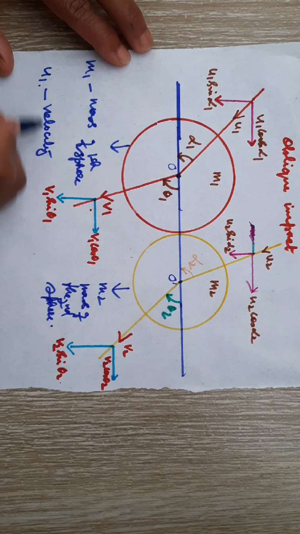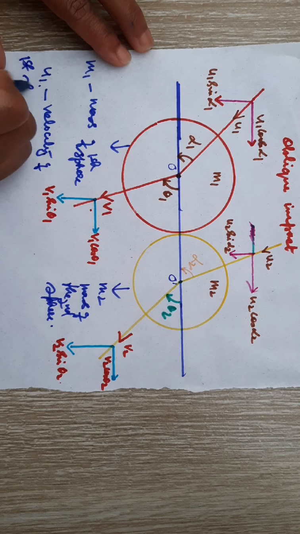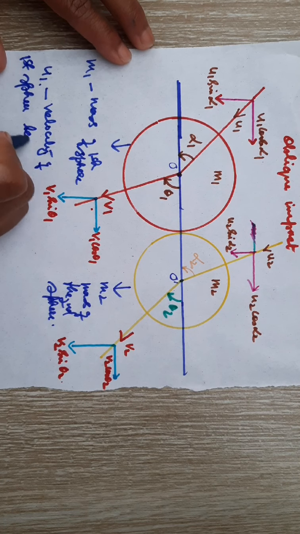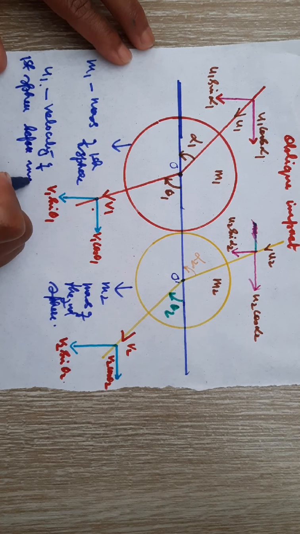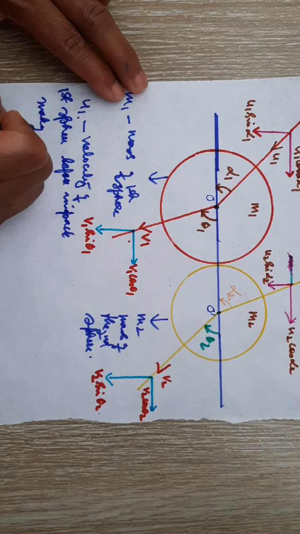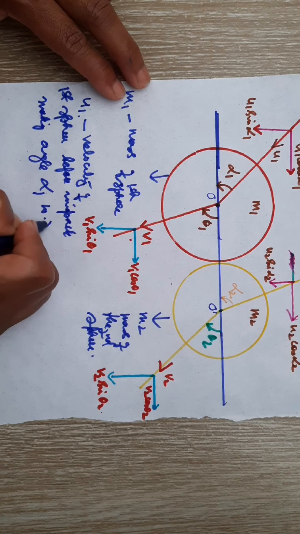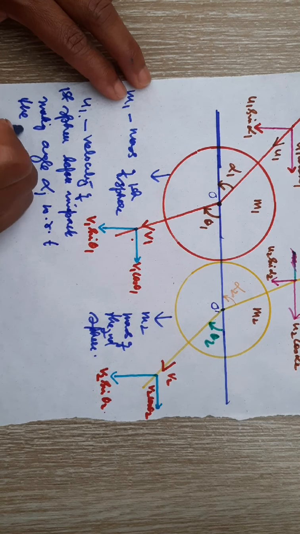Now let us take u1 to be the velocity of the first sphere before impact, making angle alpha 1 with respect to the line of centers.